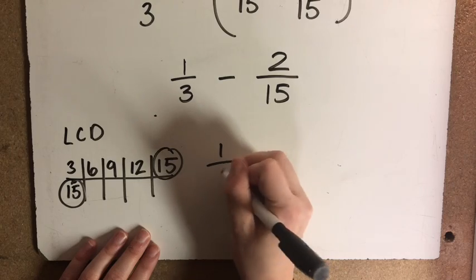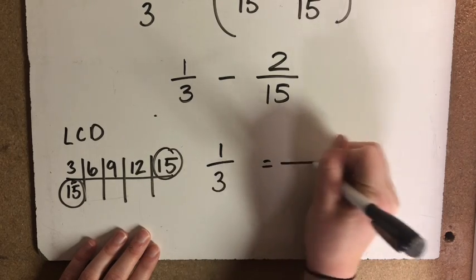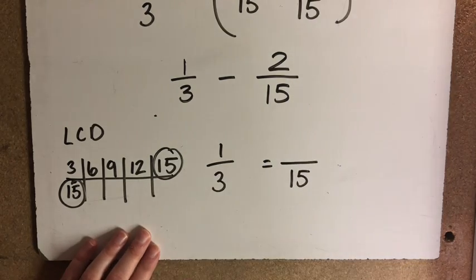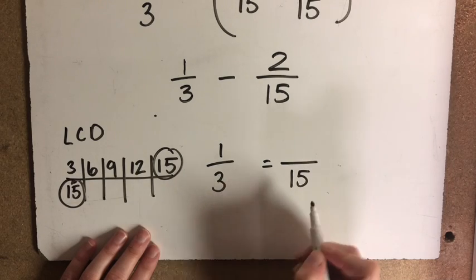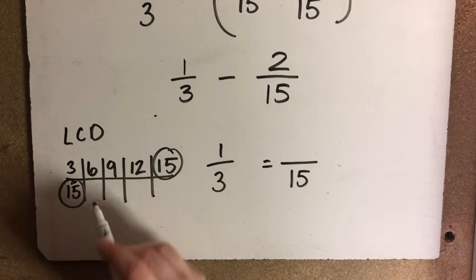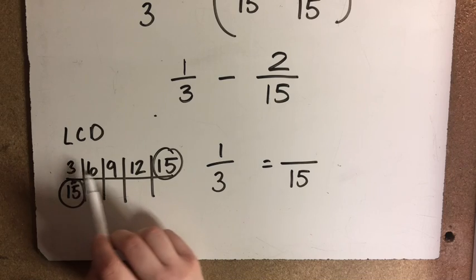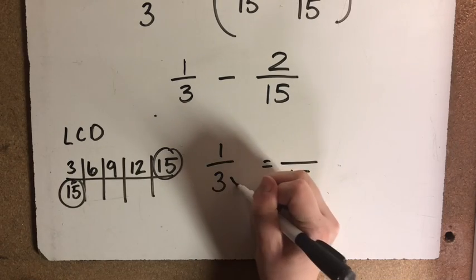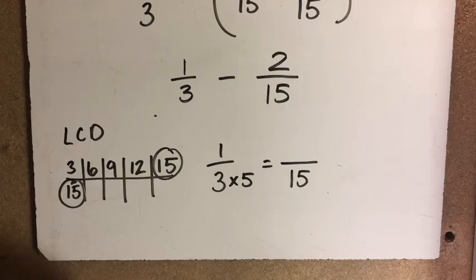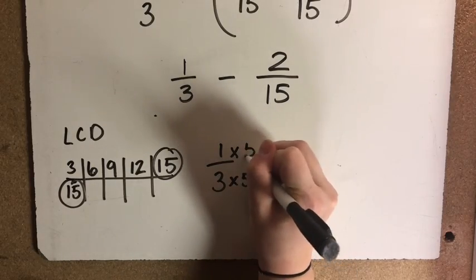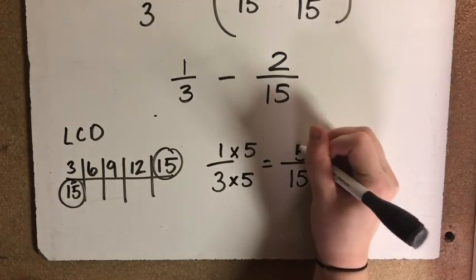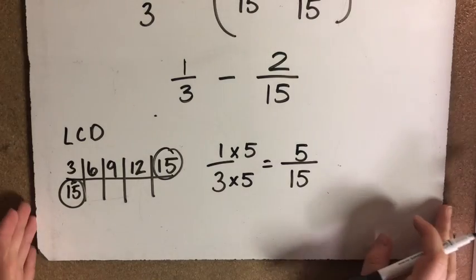Okay, so I need to rewrite 1/3 so it has a 15 in the denominator. So what did I need to multiply by 3 to get 15? Well, if I look at my chart here, I needed to do 1, 2, 3, 4, 5. Okay, so that means my numerator, I have to do 1 times 5, and I will get 5/15.